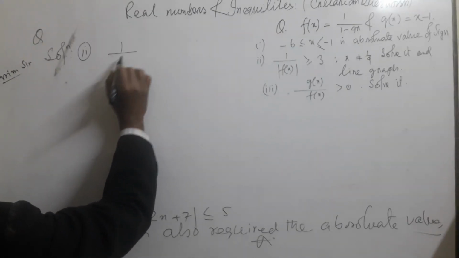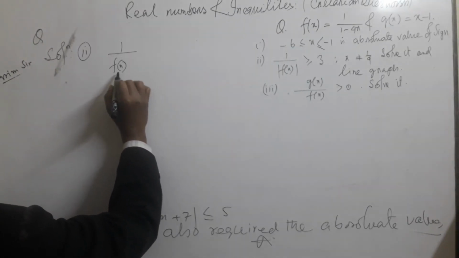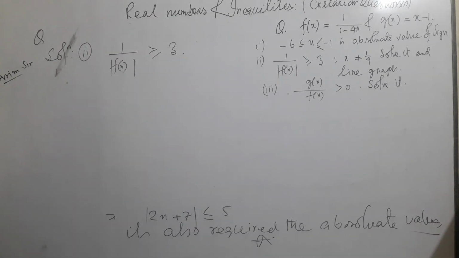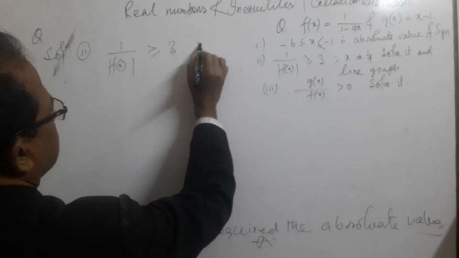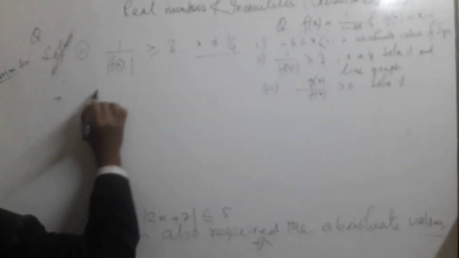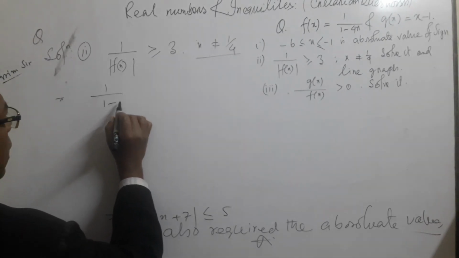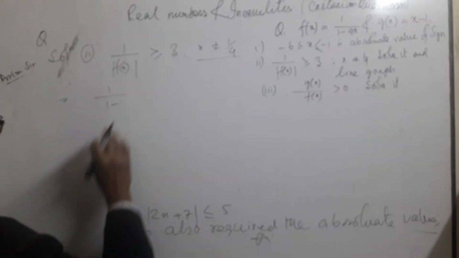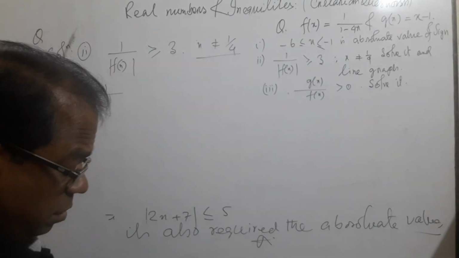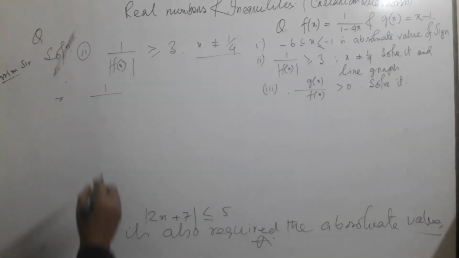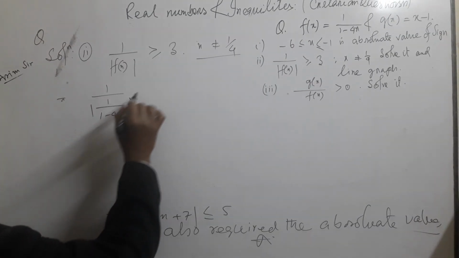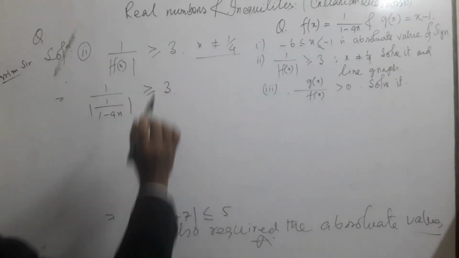Number 2 is modulus of 1 divided by f of x is greater than or equal to 3, where x is not 1 by 4. So that's why 1 divided by 1 minus f of x. F of x, that means 1 by 1 minus 4x. That means modulus of 1 divided by 1 minus 4x is greater than or equal to 3.